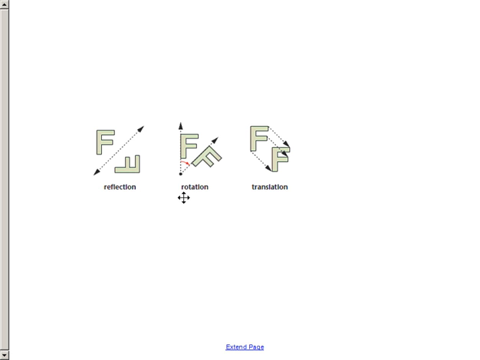Here is an example of a rotation with a pre-image right here, and then an image. Here's the point that the shape is transforming around.